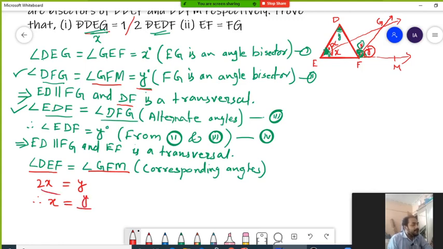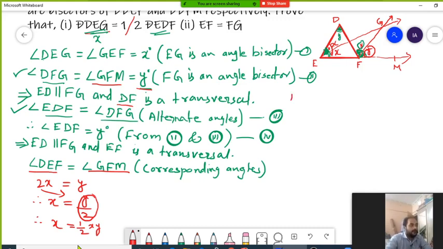I can bring this 2 to the right hand side. It will divide my y. So therefore x is actually, when you separate this y upon 2, it will look like 1 by 2 into y. So x is half of y.